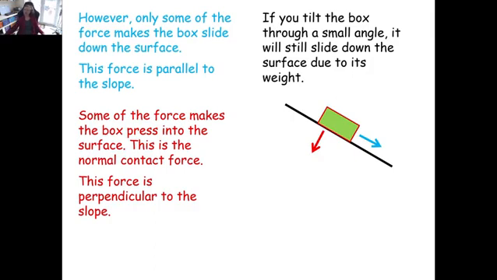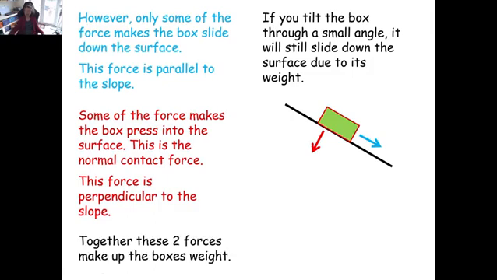So you can see that we have part of the weight making the box slide down the surface, and we have part of the weight pressing the box into the surface of the slope. Now together, these two forces make up the box's weight. Okay, and there's our weight of 50 newtons.